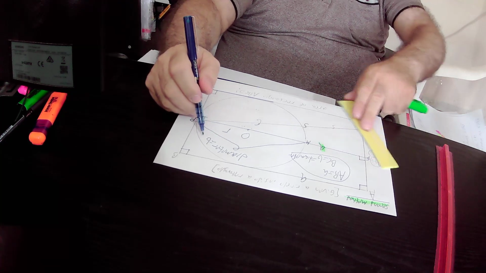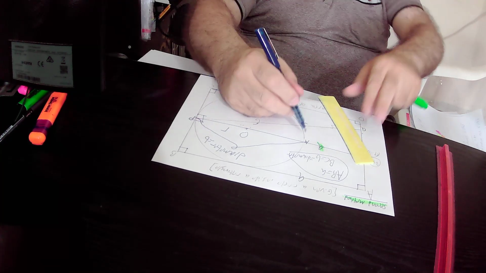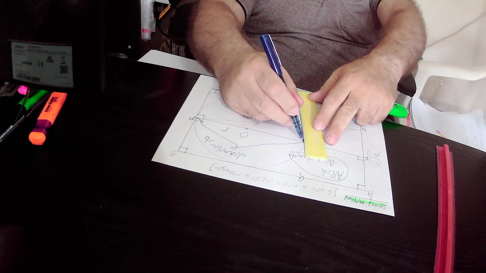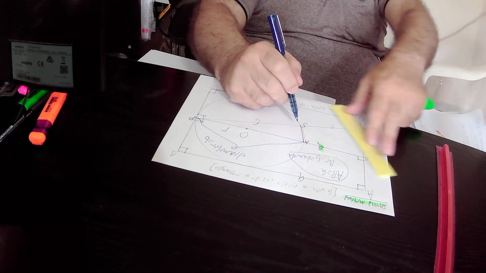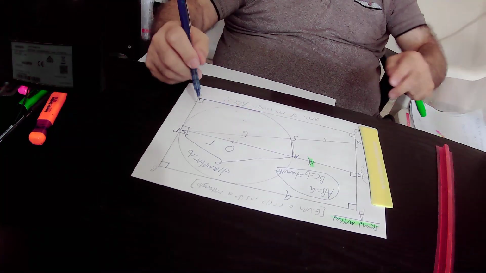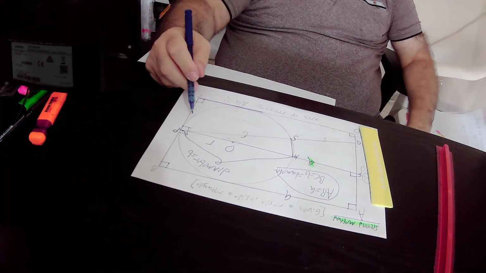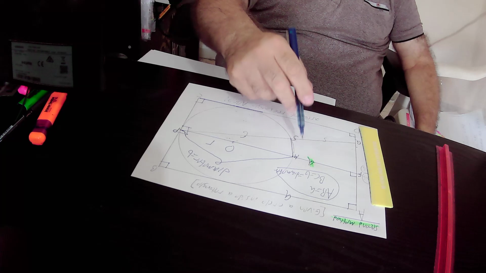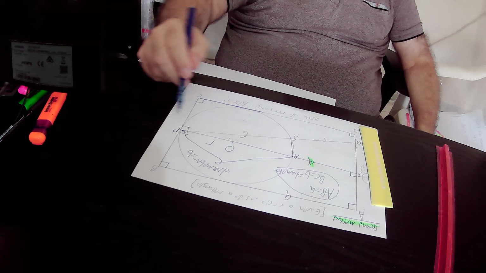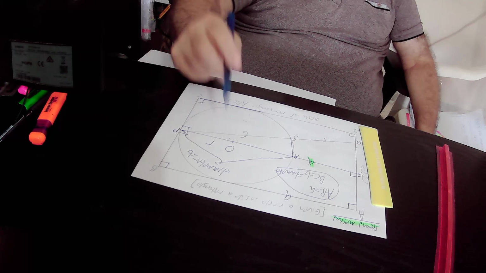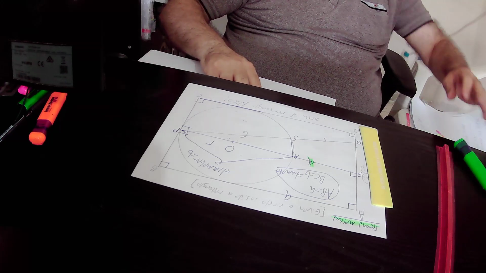In the next step, we'll join points M and S together by a straight line. By joining points M and S by a straight line, we created peripheral angle MSP. Peripheral angle MSP rests on MP, that is the diameter of the circle.